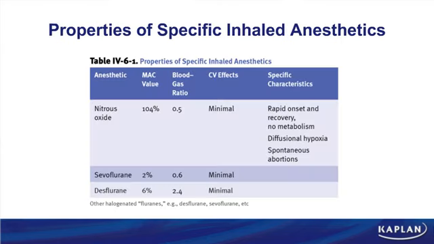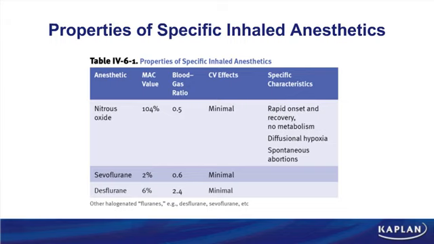When I look at the properties of specific inhaled anesthetics, the first thing that I would do is think about the names of the drugs. Nitrous oxide, probably a drug that you all know, maybe a drug that you've even been administered before. Nitrous oxide, sometimes referred to as laughing gas, is a very common inhaled anesthetic.